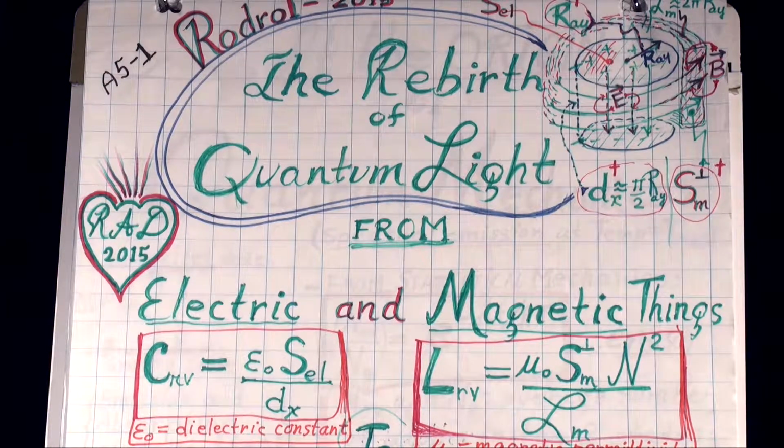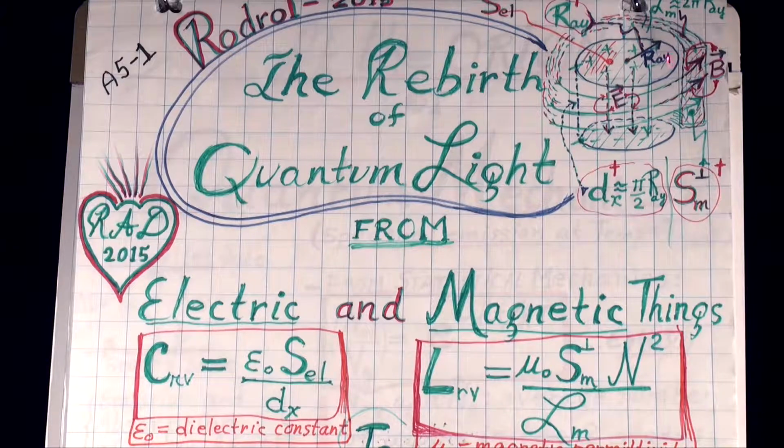A little metal disc with a radius r, and another disc here, let's say with positive charge here and negative charge here, and a distance, let's say dx, between the plates.